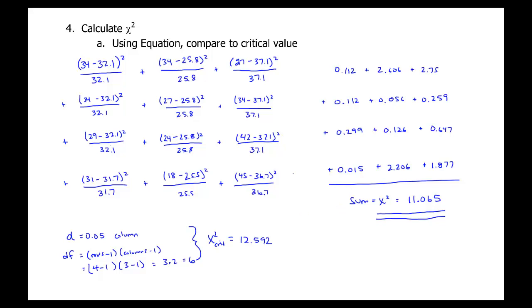Okay, so again, all of our O's and E's are in these little equations here. So all of this gives you these numbers that I have over here, and then you add them all together to get your chi-squared value of 11.065. Okay. So let's take a look at how to do this on the calculator.